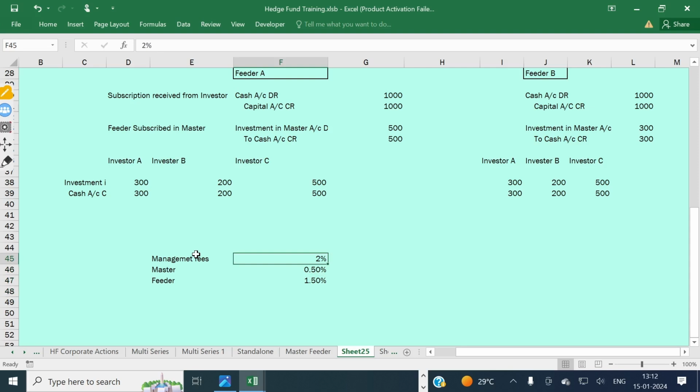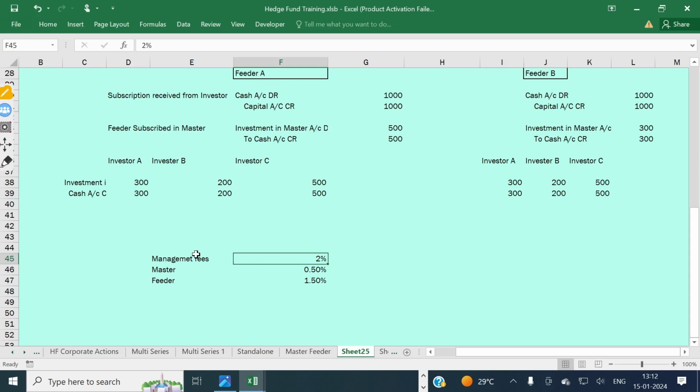Sometimes feeder can transfer management fees to the master, because feeder will collect management fees from the investors and send it to the master. So it means master will charge management fees to the feeder, and then feeder will charge management fees to the investors.